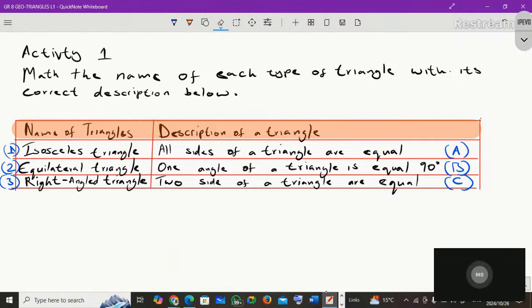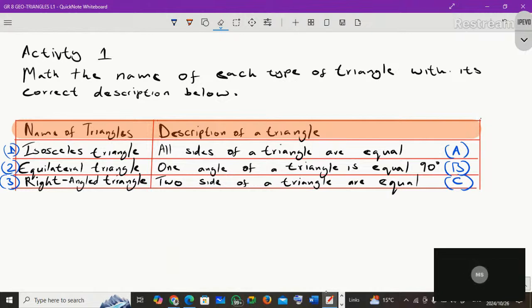You were taught triangles, and you were taught different types of triangles, namely isosceles triangle, equilateral triangle, and right-angled triangles. Those are the triangles you were taught in grade 7.